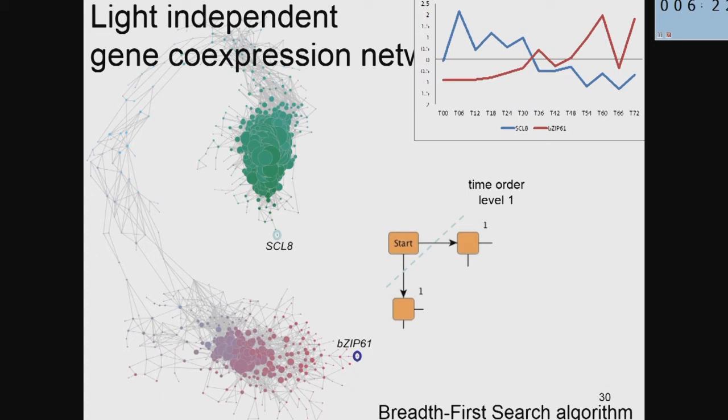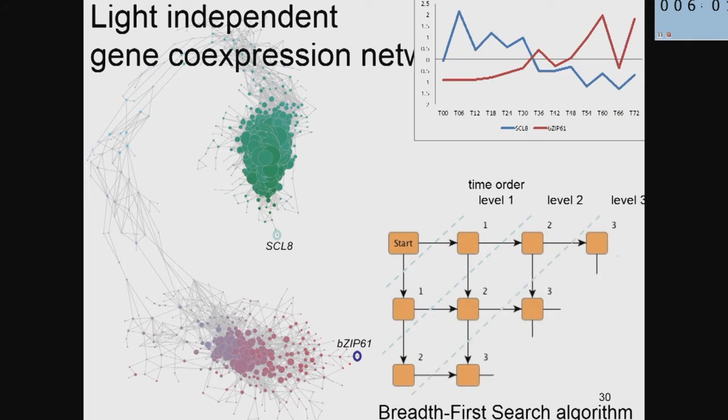For example, here the blue line, green line is upregulated earlier. So we start from there, and this should be the last, okay? Then we ask at each level what are the genes that are upregulated. So you can have a network and stratify it into different levels. There's a breadth-first search algorithm you can use to do that. Okay.